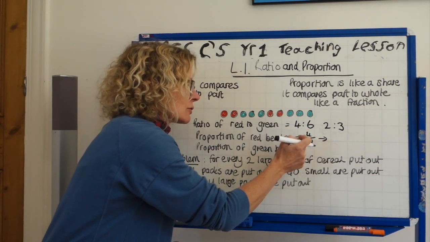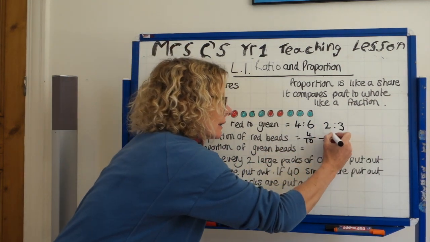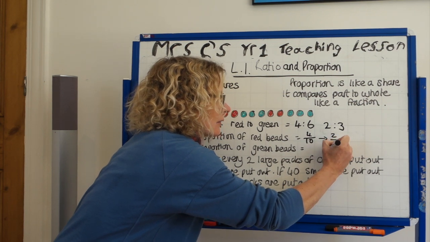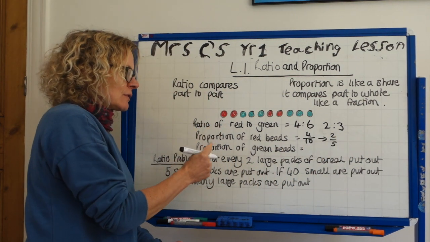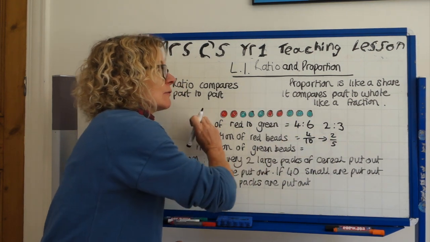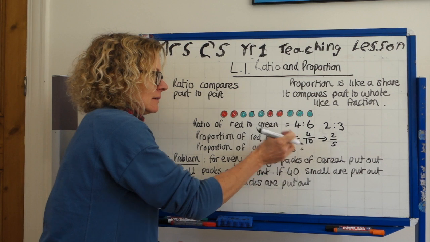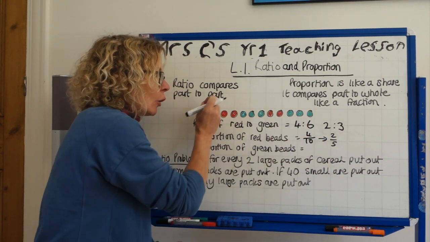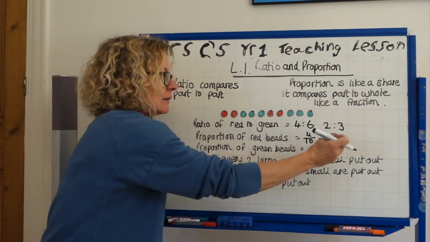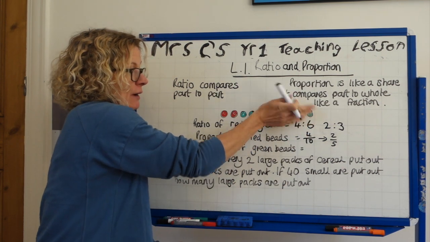Whatever you do to the top, you do to the bottom. So we can halve that, and we can halve that. So 2/5 of the beads, of the whole amount of beads, are red. 4 out of the 10, or 2 out of the 5.